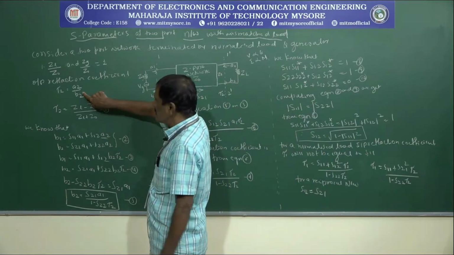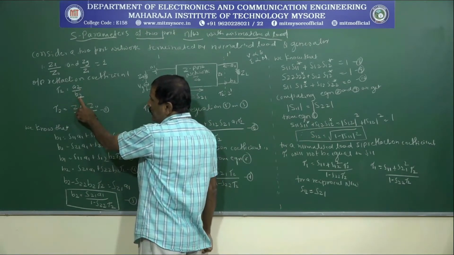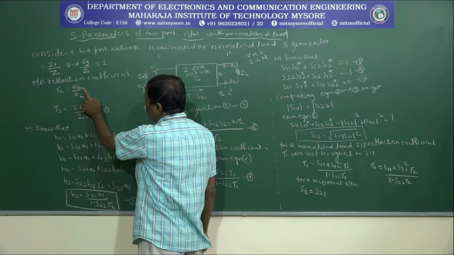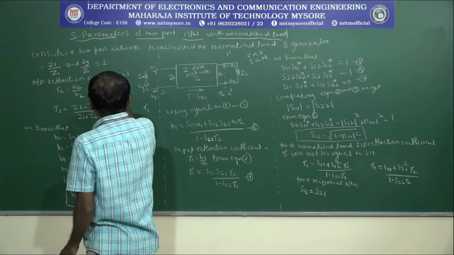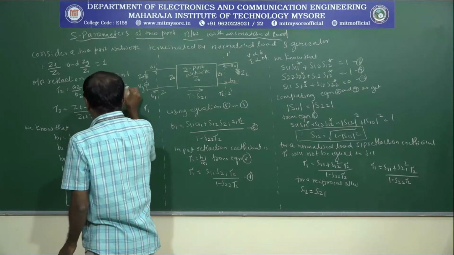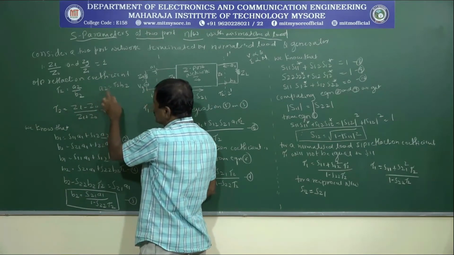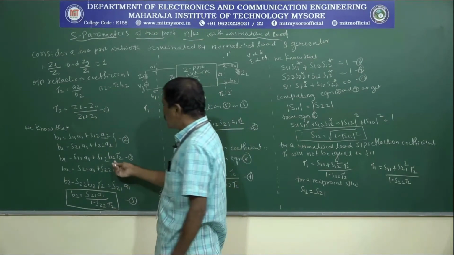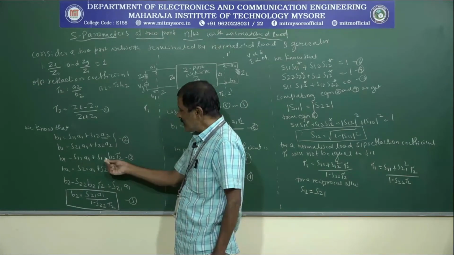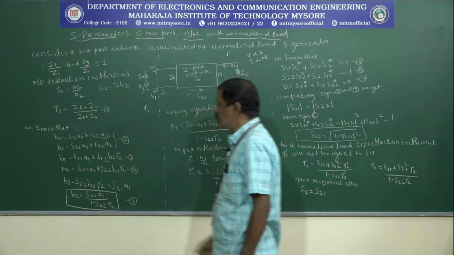If you go back to this equation, Γ2 equal to A2 divided by B2. So this A2 equal to Γ2 into B2, because if you cross multiply this, A2 equals Γ2 into B2. Now this value we will substitute in this equation, that is S12 into B2 into Γ2, call it equation number 3.